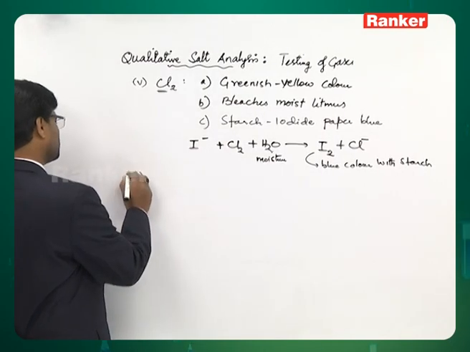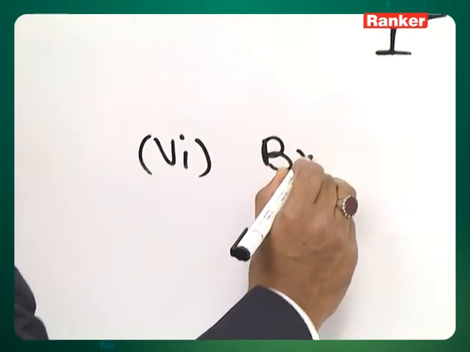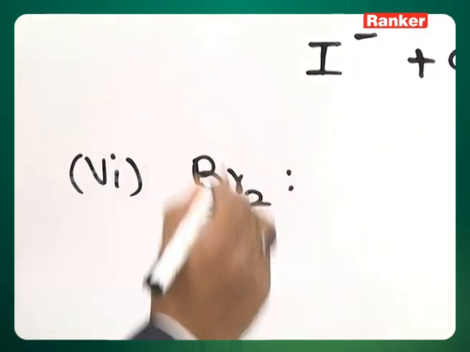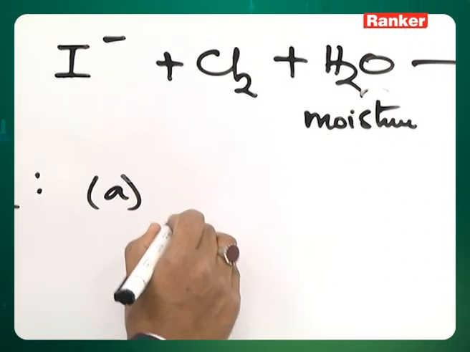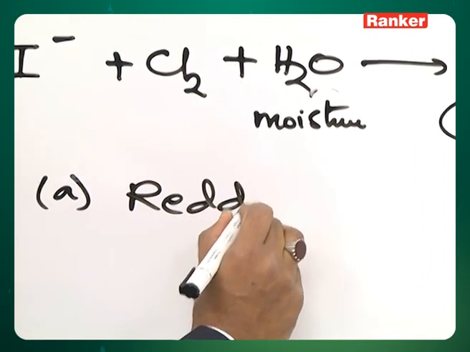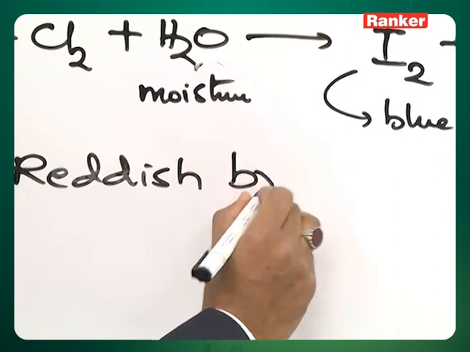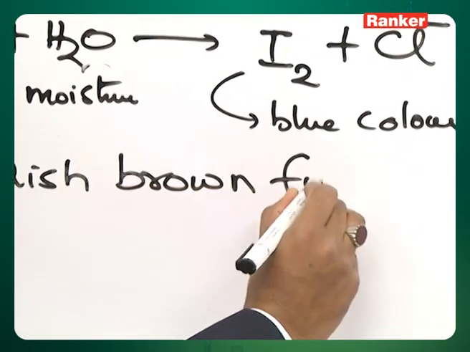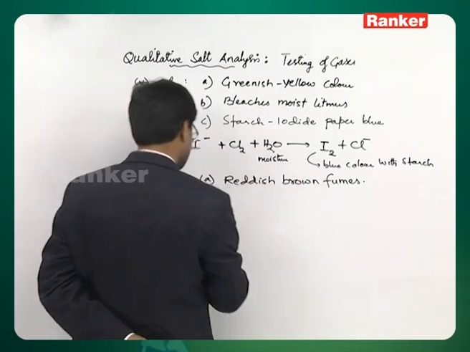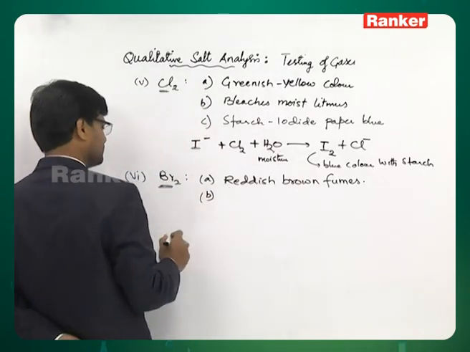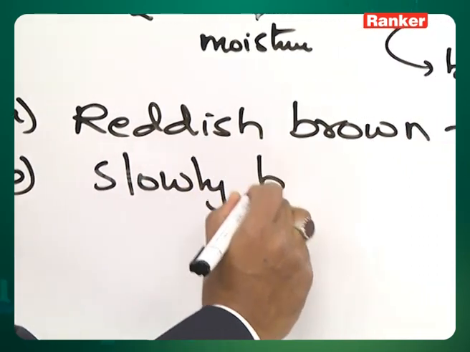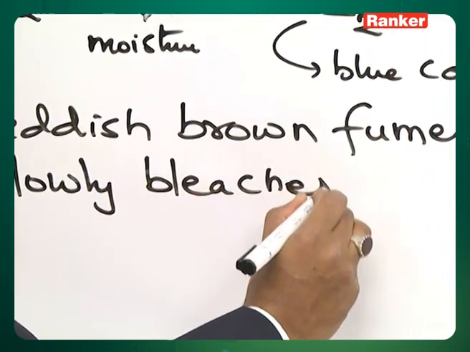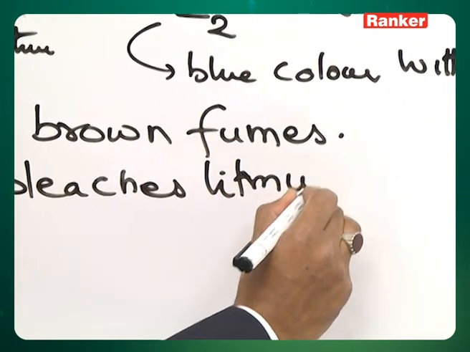Number 6, bromine. Testing of bromine. A, reddish brown fumes. B, slowly bleaches litmus.